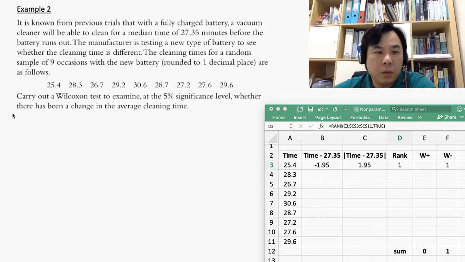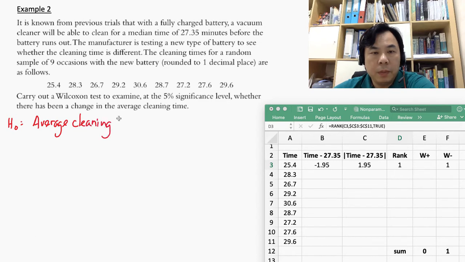Okay, so we have to write down our null hypothesis and our alternative hypothesis. We will say that, whether there has been a change in the average cleaning time, the null is that the average cleaning time still remains the same as 27.35 minutes.